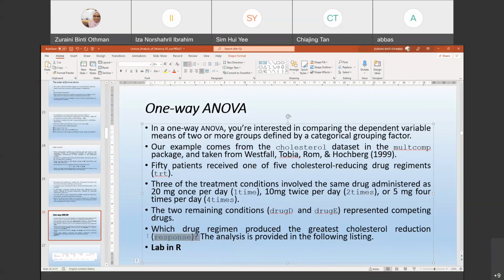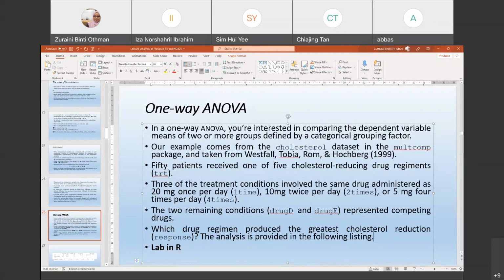We want to know whether drug D or drug E, and taking it how many times for 20 milligrams, will give the greatest cholesterol reduction.